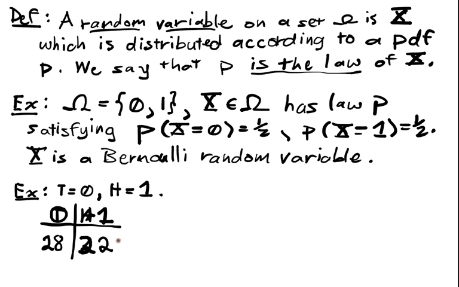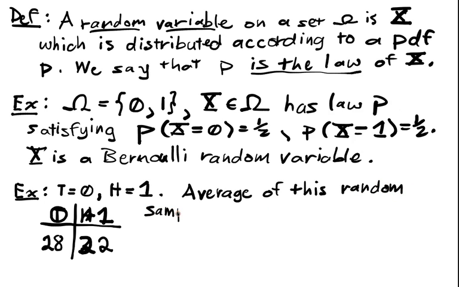The average value of this random sample: I sum over all the samples xi, i equals 1 to 50, and then I divide by the number of samples.